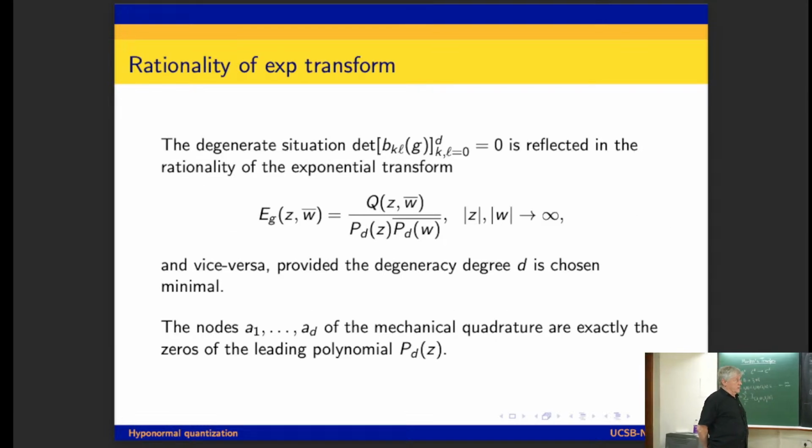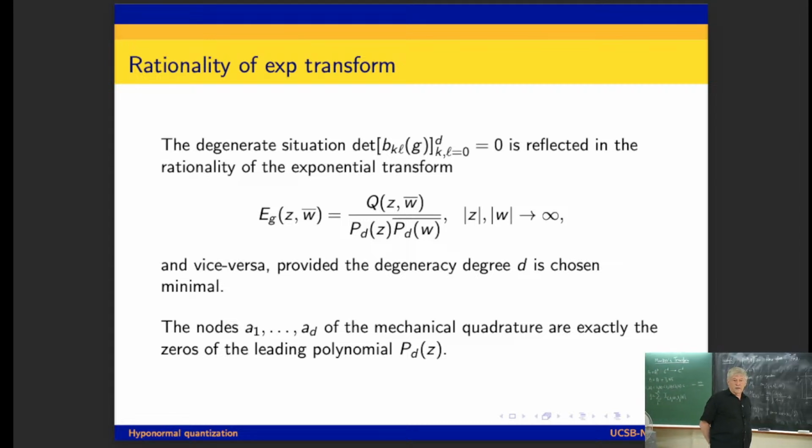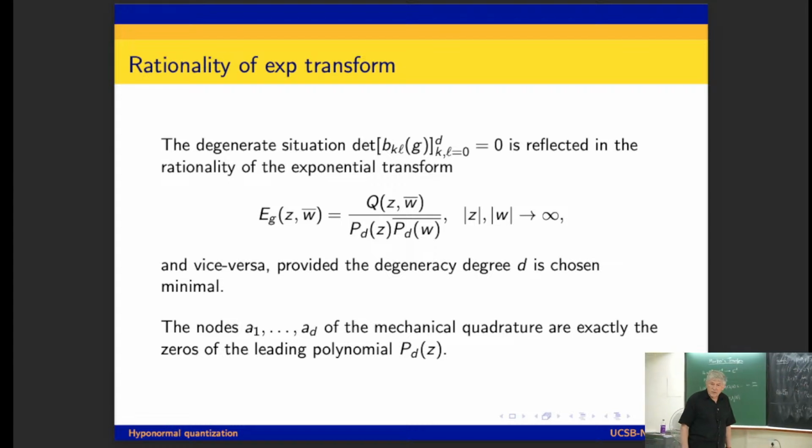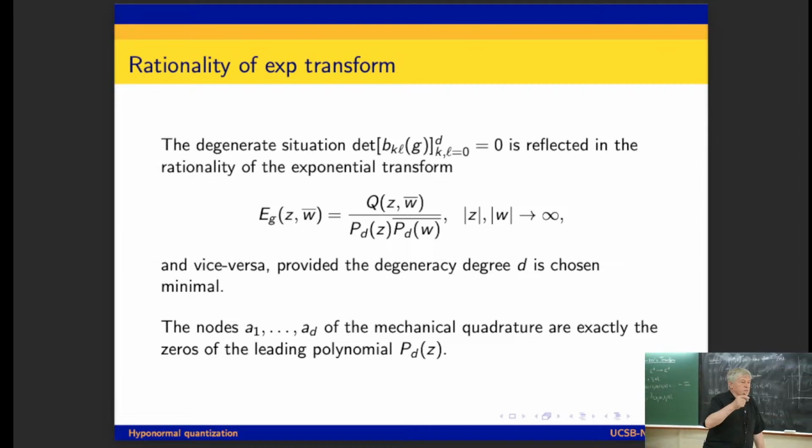What is remarkable, and here I wanted to arrive, the extremal situation in the Markov problem on the line, if you remember, was a rational function, exactly what we had on the board there. The determinant of the quotient of the two resolvents, finite rank matrices.